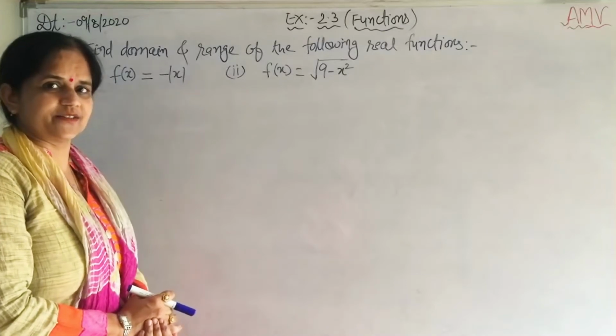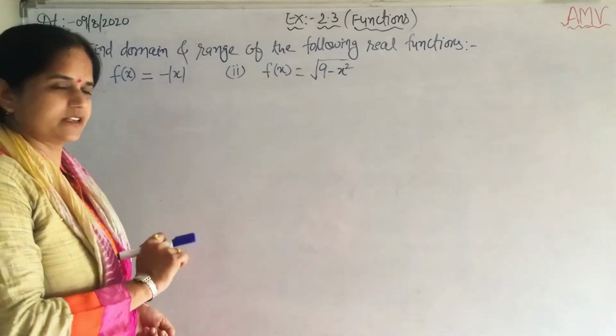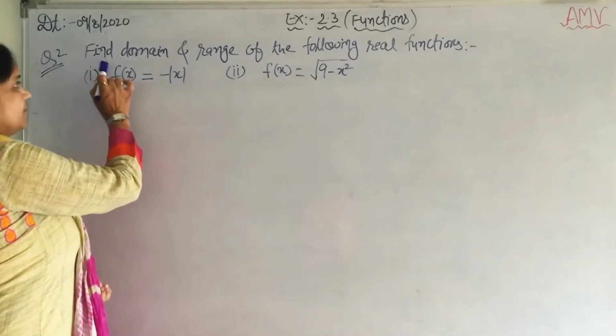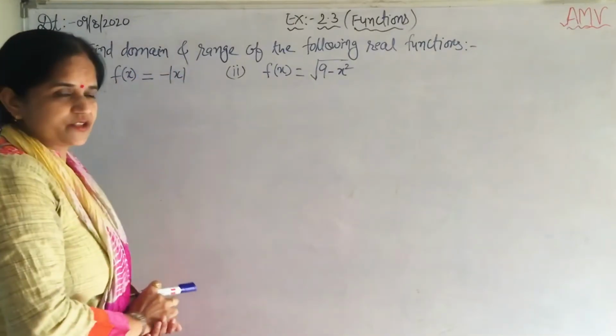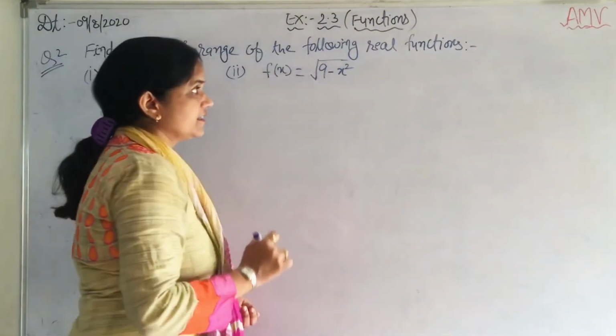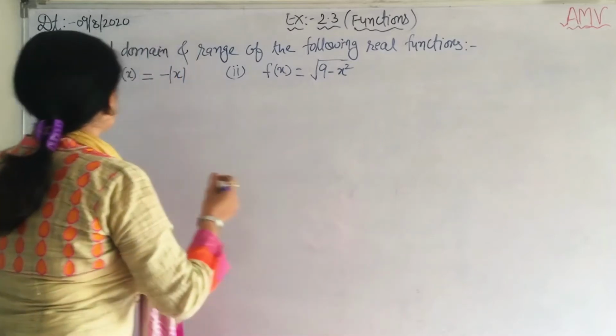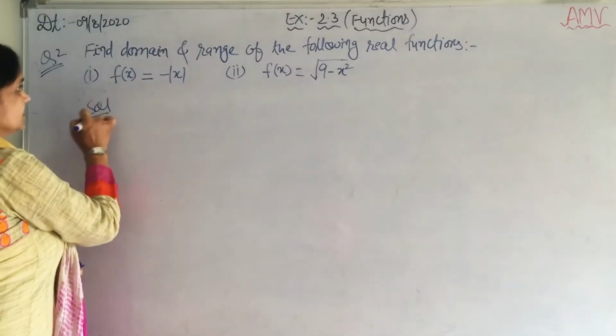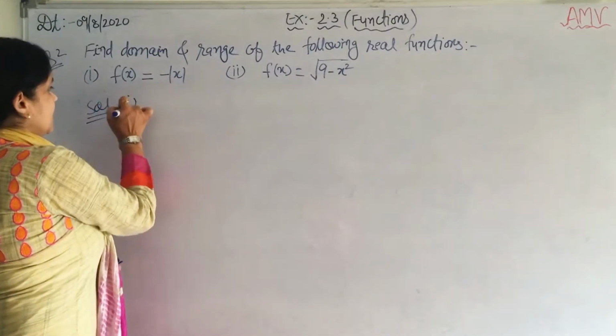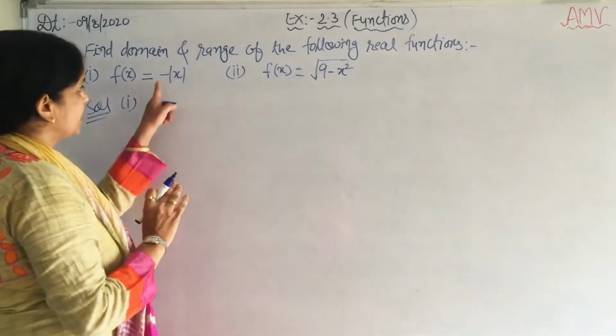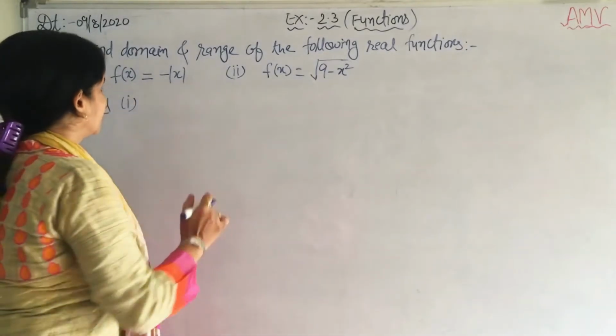Now students, second question of exercise 2.3. The question is, find domain and range of the following real functions. Okay. So first, see here f(x) is equal to minus mod of x. Okay.